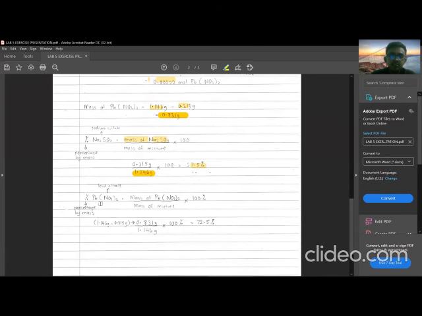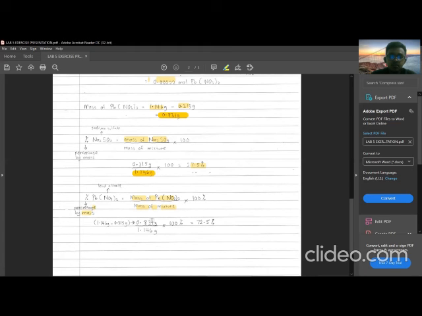And for the percentage by mass of Pb(NO3)2, which is lead nitrate, we also use the same formula as before: mass of lead nitrate over mass of mixture times 100.